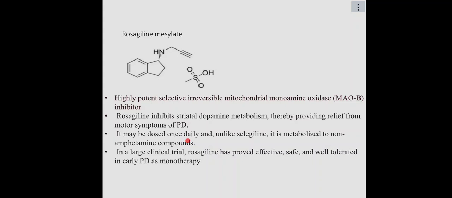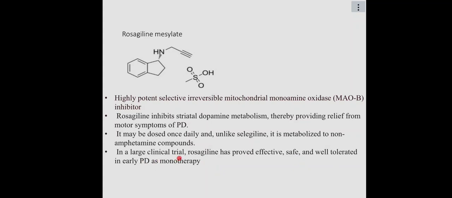It may be dosed once daily, and unlike selegiline, it is metabolized to non-amphetamine compounds. So that's important, because it will not cause CNS side effects: when metabolized, it does not produce amphetamine or methamphetamine. In a large clinical trial, rasagiline has proved effective, safe, and well tolerated in early PD as monotherapy.